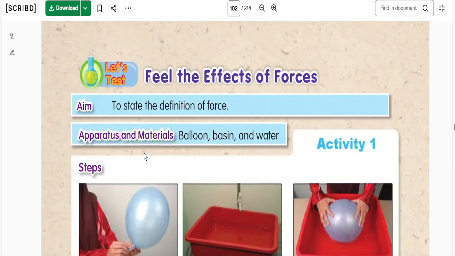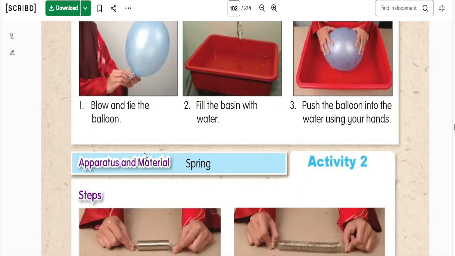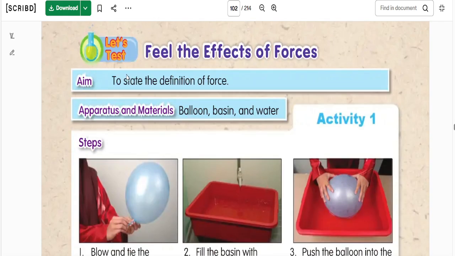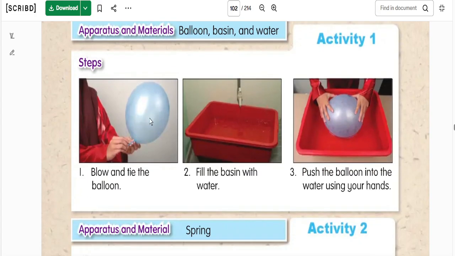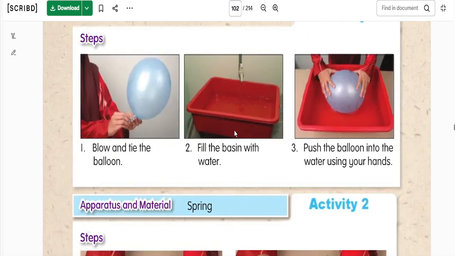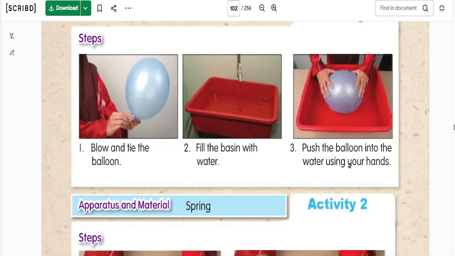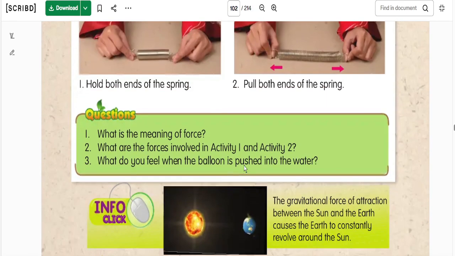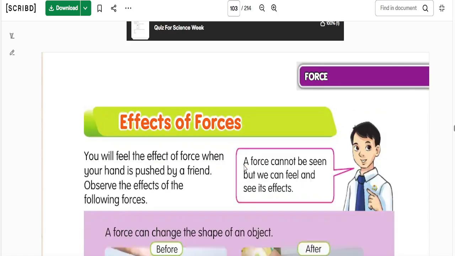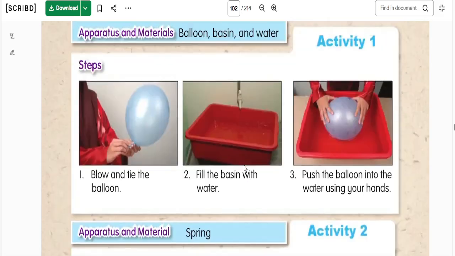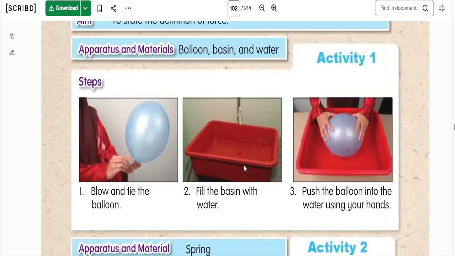Now let's see the effect of force. There are some activities. To state the definition of force, you need a balloon, basin, and water for this. If you blow and tie a balloon and then fill the basin with water and you push the balloon into the water using your hands like this, what do you think you are going to see?